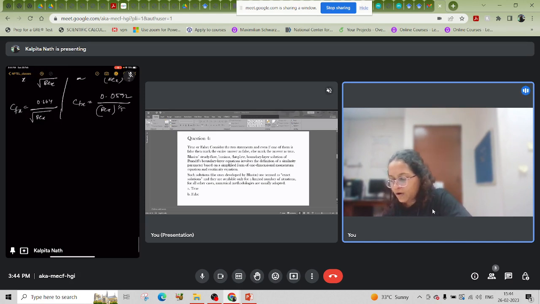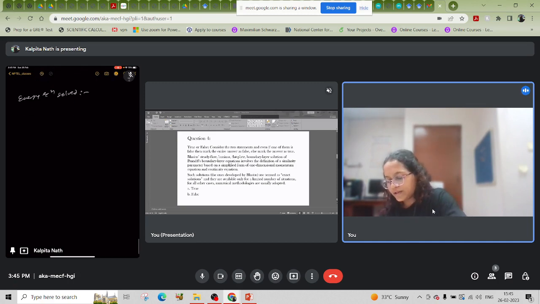Then he solved the third equation, that is the energy equation, to get the following results. Nu_x is equal to h_x into x by k. This is Nusselt number in x direction. 0.332 Reynolds number to the power half, Prandtl number to the power 1 by 3.